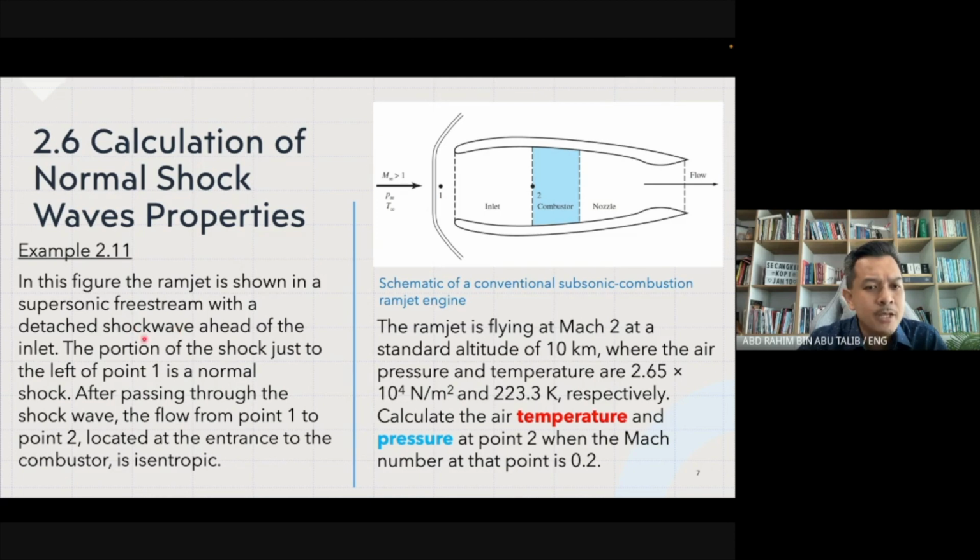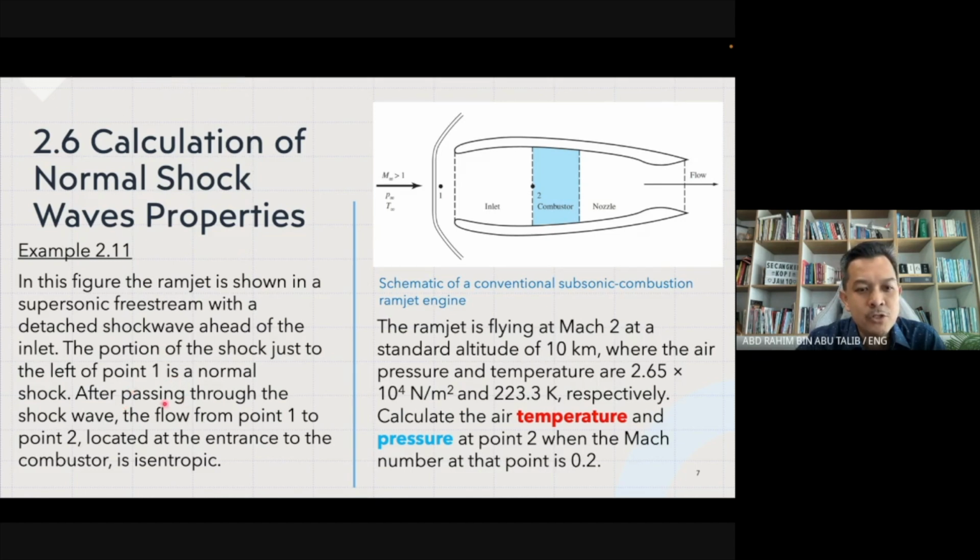Just to the left of point 1, immediately before the air goes into the inlet, we experience a normal shock, developed upstream of the ramjet inlet.